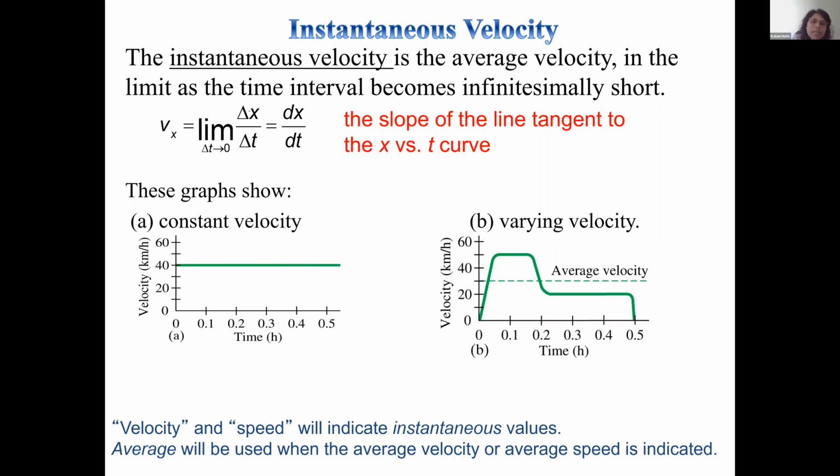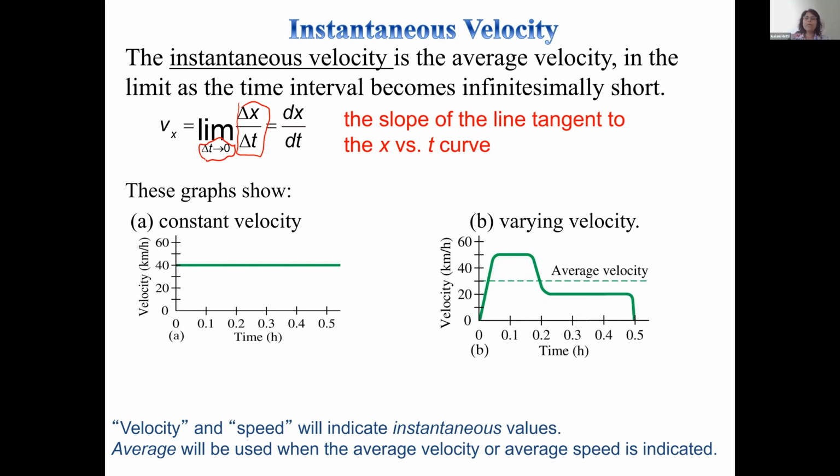What that means is, if you take the change of displacement divided by the change of time, and your change of time is very close to 0, we call it instantaneous velocity. In calculus, that is basically the derivative, that is the slope.